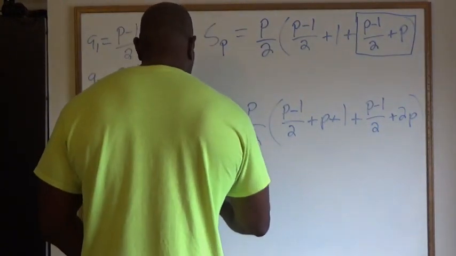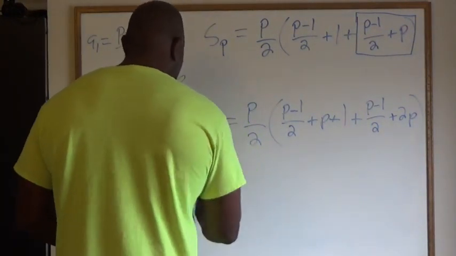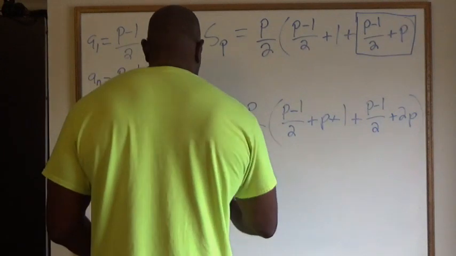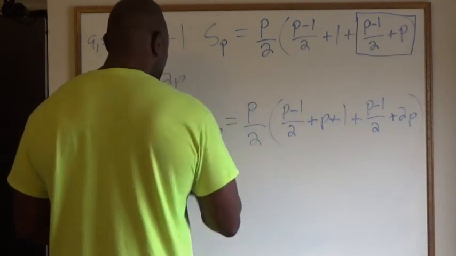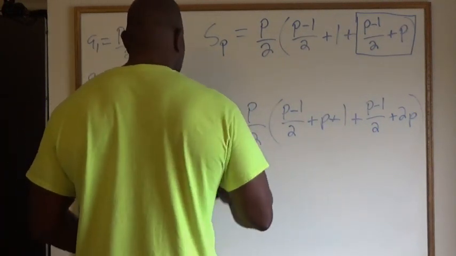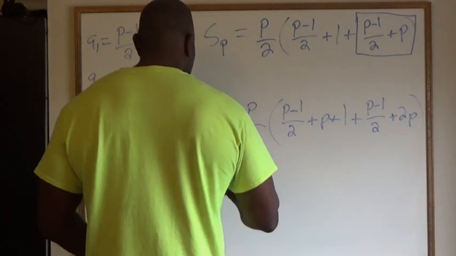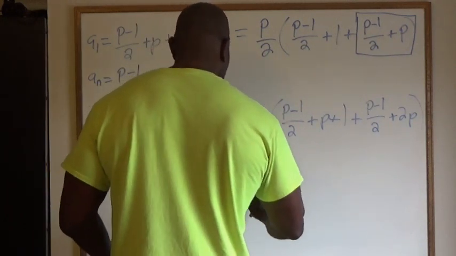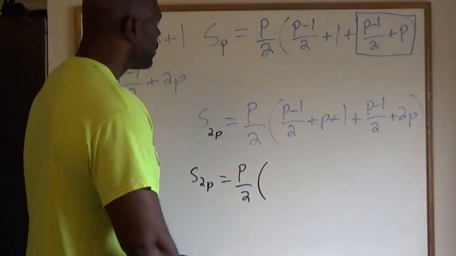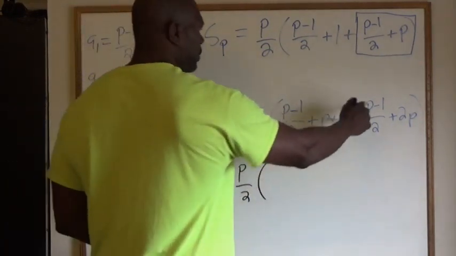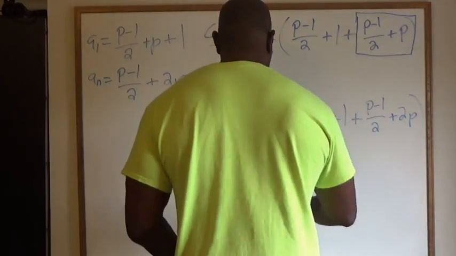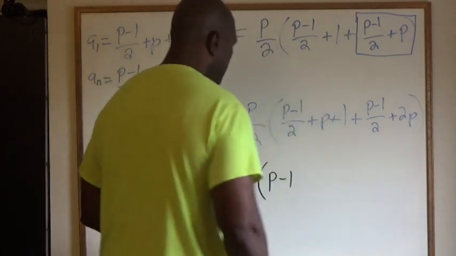So the sum of the second partition, and I'm calling that 2p, not sp. So it's p over 2. Okay. So once again, (p minus 1) over 2 plus (p minus 1) over 2 is p minus 1. P minus 1.